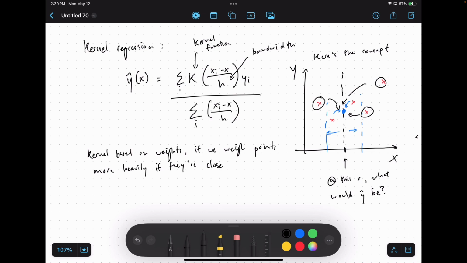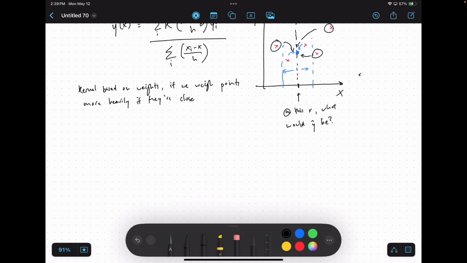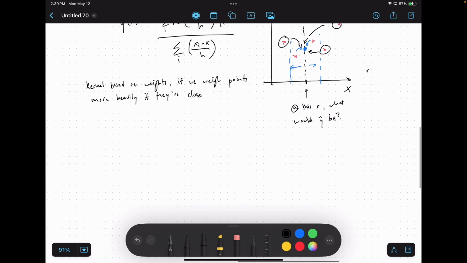So you might imagine that if I had a whole bunch of data points and my bandwidth were really big, you would end up drawing a line through the points that is equal to what?